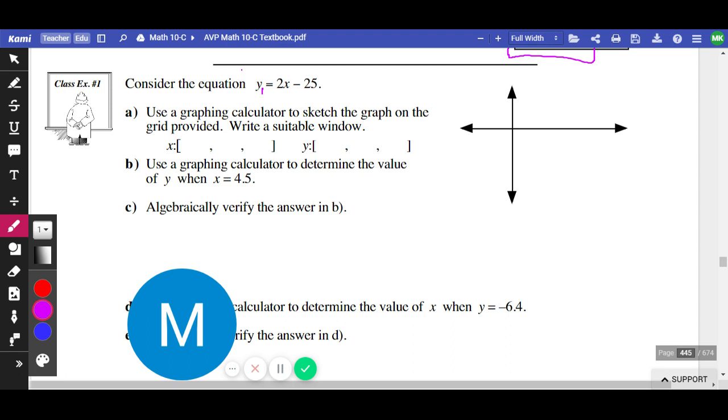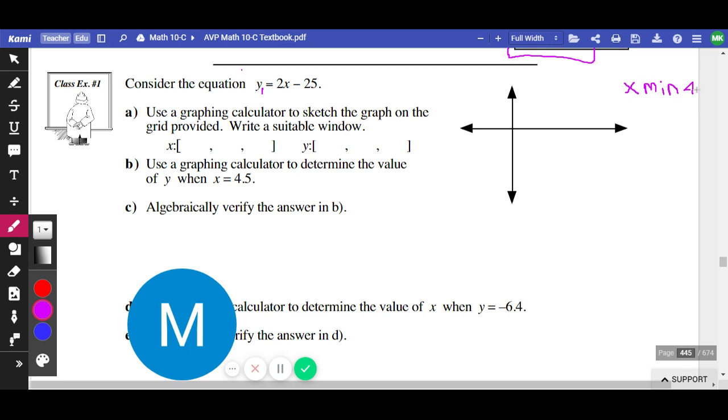I don't know if you'll see anything if you do that right now. Oh no, you'll see a little bit. Yeah, let's try that so that you can see how to fix this. So in your X min, go with negative 10.